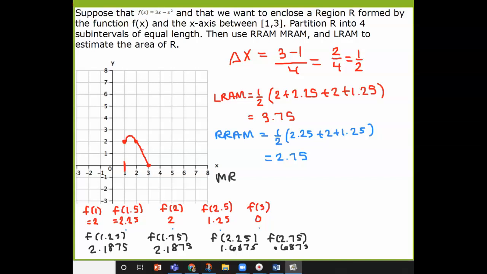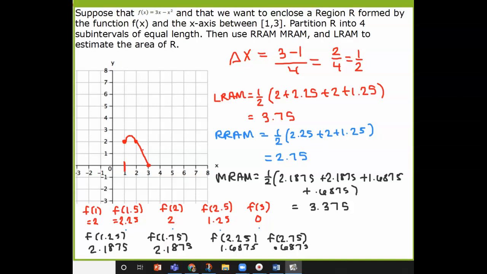So my MRam, same 1/2 width. And we get 3.375, which is almost right in the middle, if not right in the middle, of the LRam and the RRam.